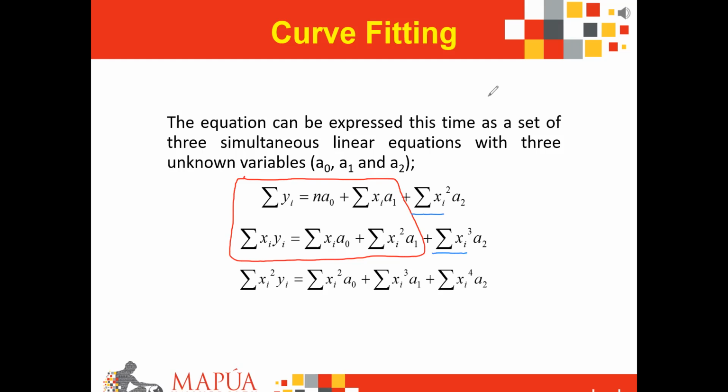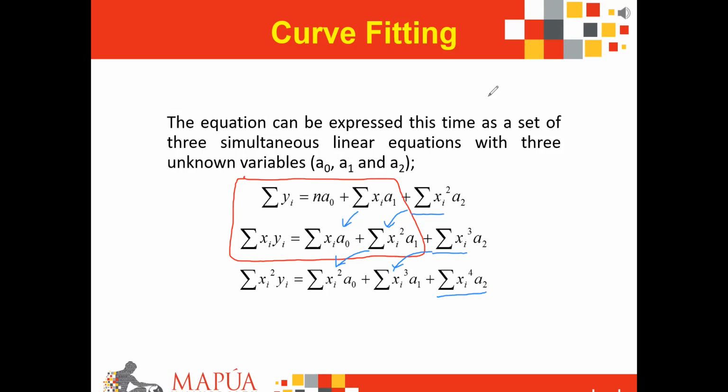Notice that there's an evident pattern on your quadratic equation, as seen from the linear regression. We simply place this coefficient as your coefficient for a0 now, this coefficient as the coefficient for your a1. Therefore, on the third equation, you will notice that this coefficient now is placed as the coefficient of your a0. This coefficient is placed as the coefficient for your a1, and the coefficient for your a2 for the third equation would be the summation of xi to the fourth.